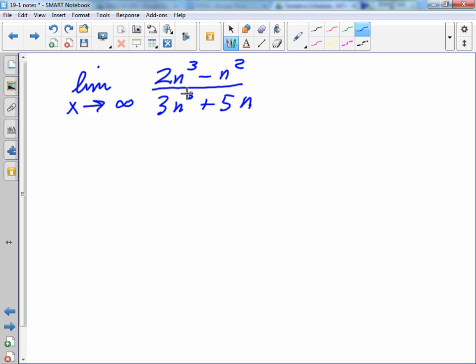Be careful. Infinity isn't infinity here because we're not there. Where are we? We're approaching infinity. And there is a difference.